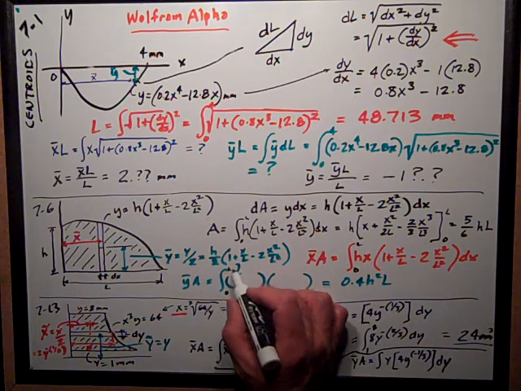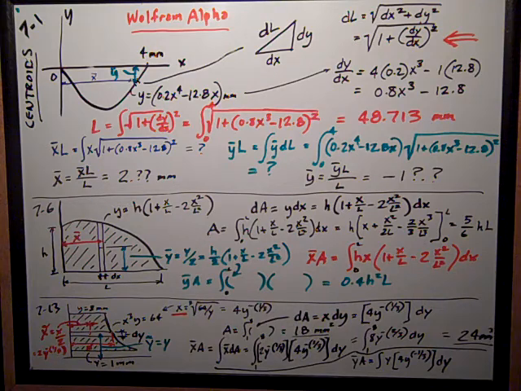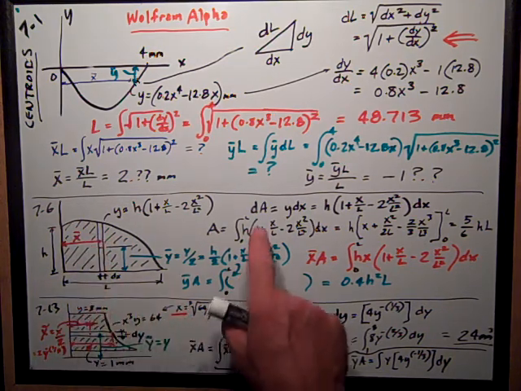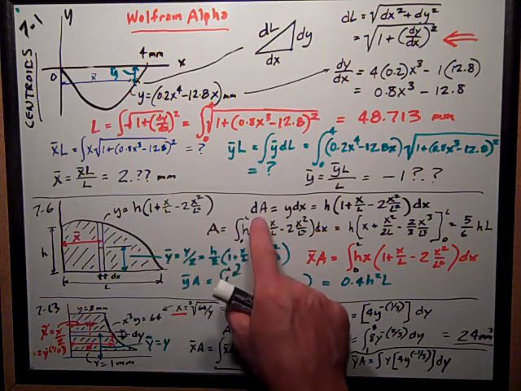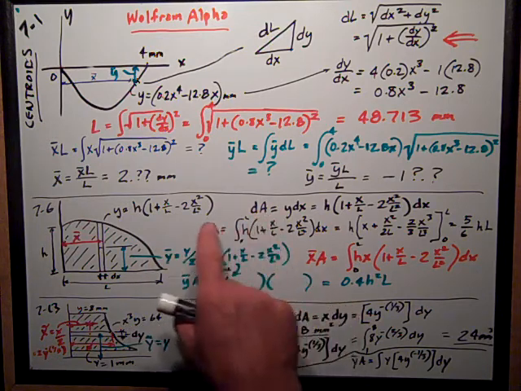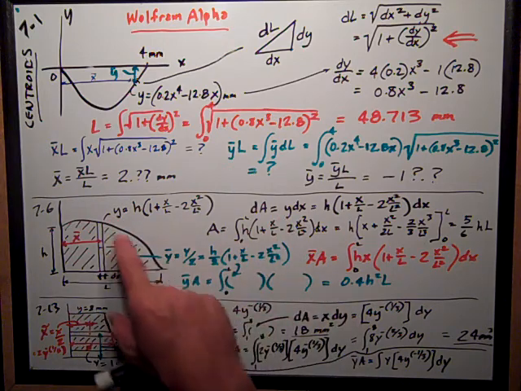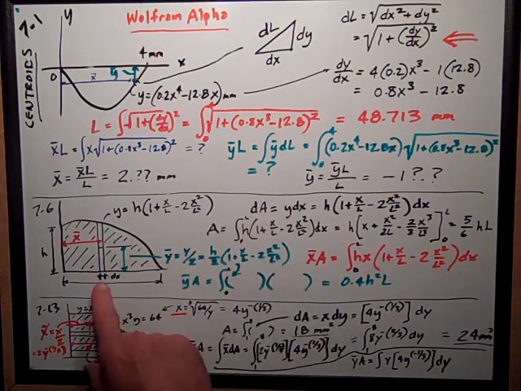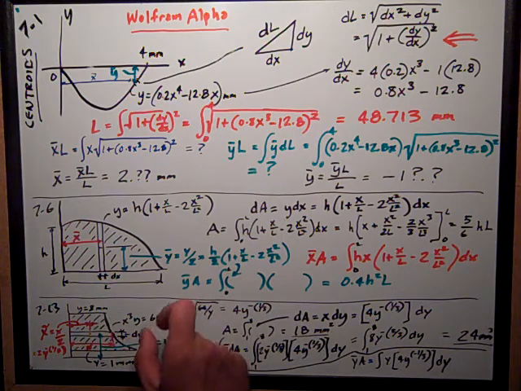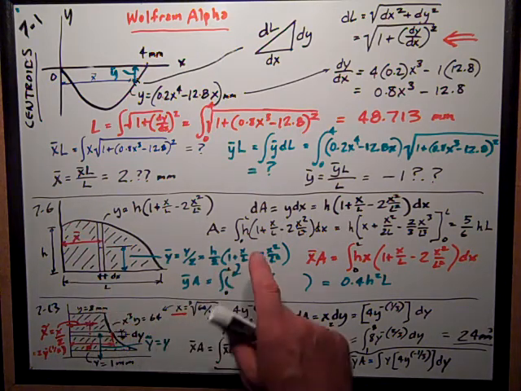Same for y bar A. Okay. The key is to use this little vertical strip as your elemental segment dA. dA is an area y high by dx wide, that little strip.